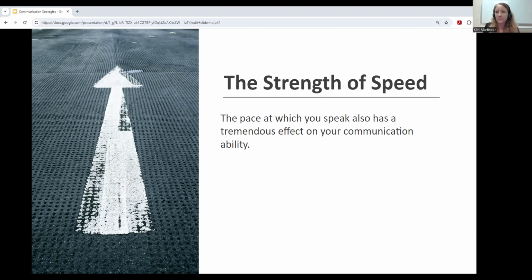Many times when we get nervous, our speech tends to speed up. And then conversely, someone who speaks very slowly will probably lose the audience's interest and attention before they get very far. So it's very important to find that balance.